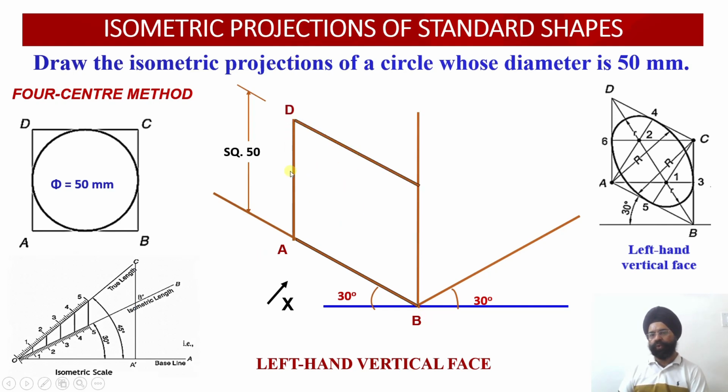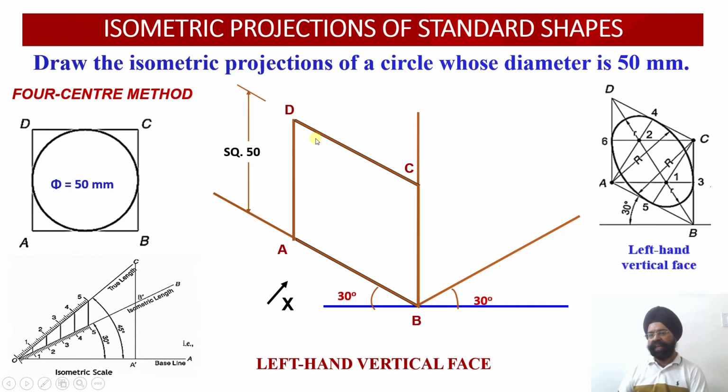These two lines are the isometric axis lines over there. The two edges of the square, that is AB and BC, will be lying on the isometric axis, while the two lines CD and DA are the isometric lines which are parallel to the isometric axis.